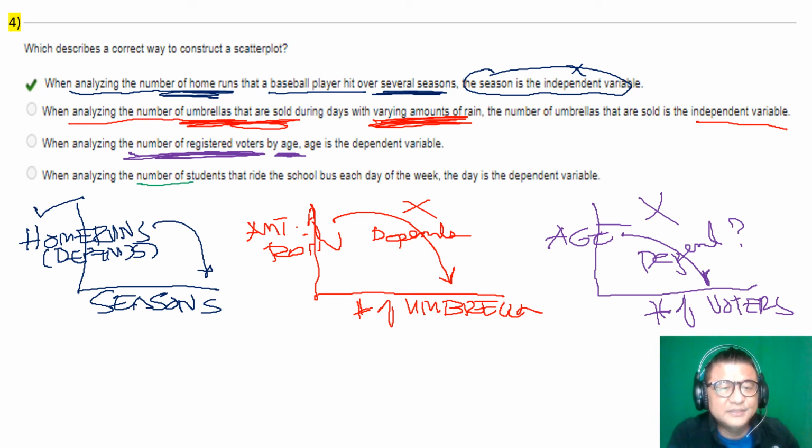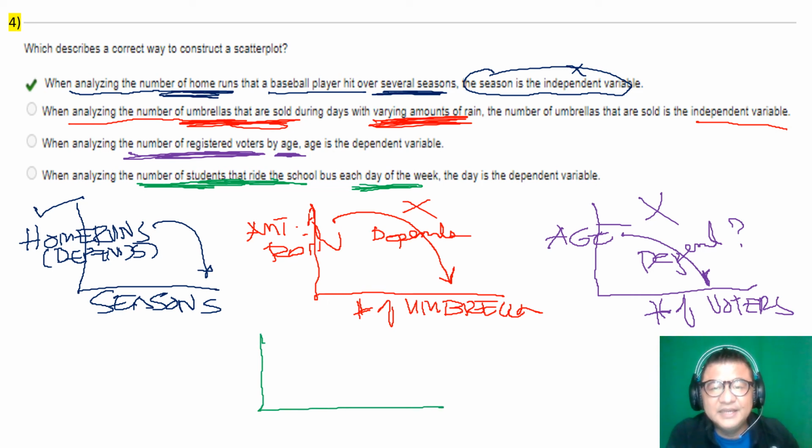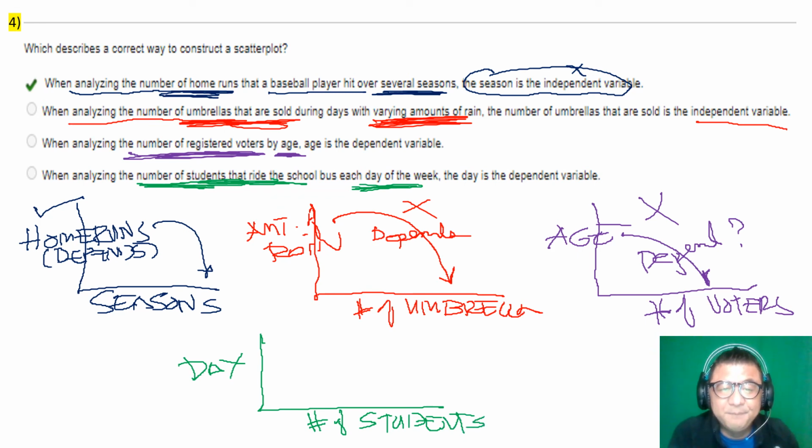When analyzing the number of students that ride the school bus for each day of the week, and people in the school bus. The day is the dependent. The day is here, and this is the number of students. Does the day depend on the number of students?